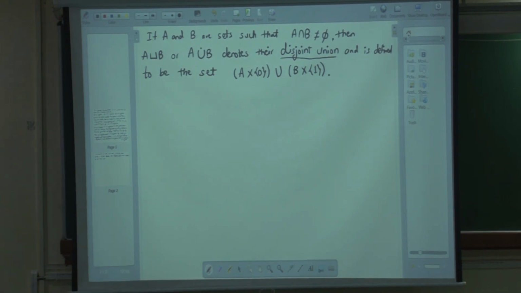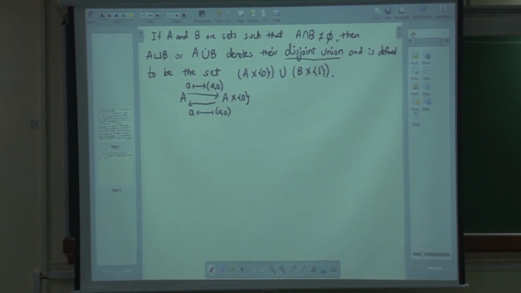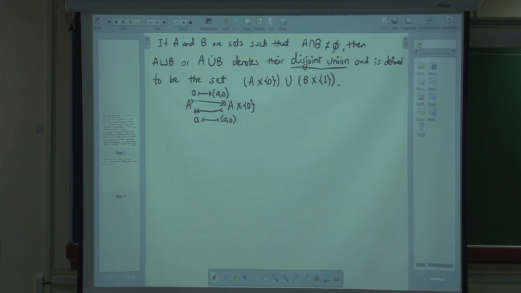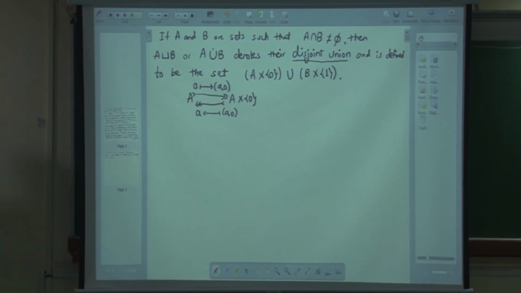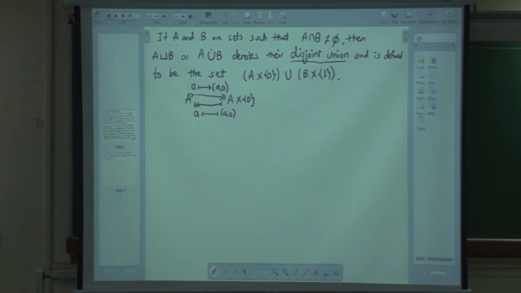Here, can you observe that from A to A cross 0, the map in this direction, which is defined by little a mapping to little a comma 0, and a comma 0 mapping to a, these two are bijections clearly? So we are not really changing the set up to bijection. Therefore disjoint union is what you expect.